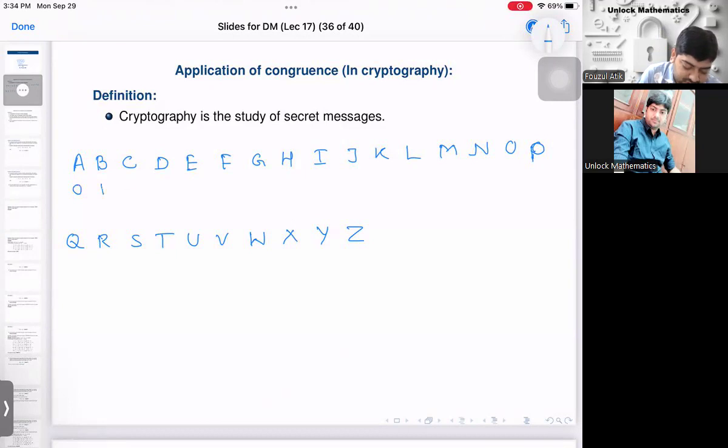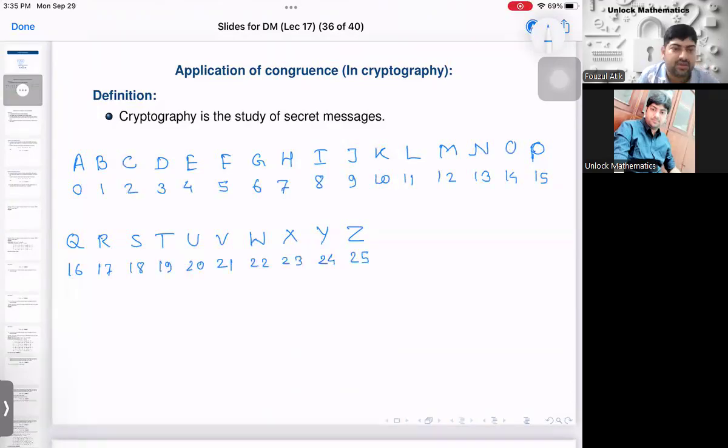So 0, 1, 2, 3, 4, 5, 6, 7, 8, 9, 10, 11, 12, 13, 14, 15, 16, 17, 18, 19, 20, 21, 22, 23, 24, and 25. So you can now see which number corresponds to which alphabet.